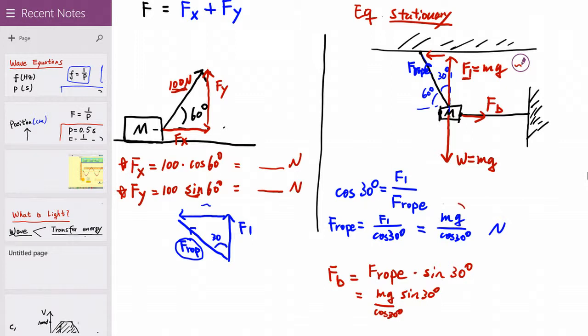Remember, this is your F rope. So you have sine divided by cosine. After this, just type it in your calculator. Otherwise, if you have sine divided by cosine, for those doing Maths Methods, you should know it is tangent 30 degrees. You don't have to know this, but if you're doing Maths Methods, you should know sine divided by cosine of the same angle is tangent.